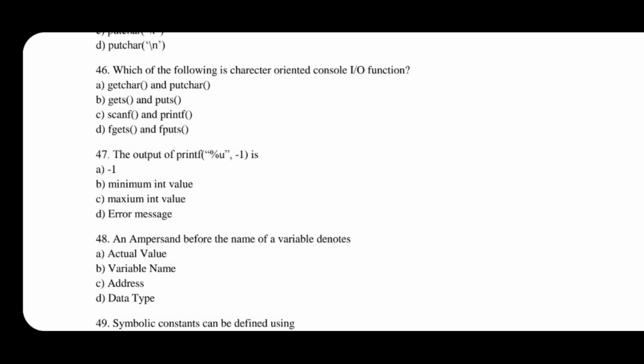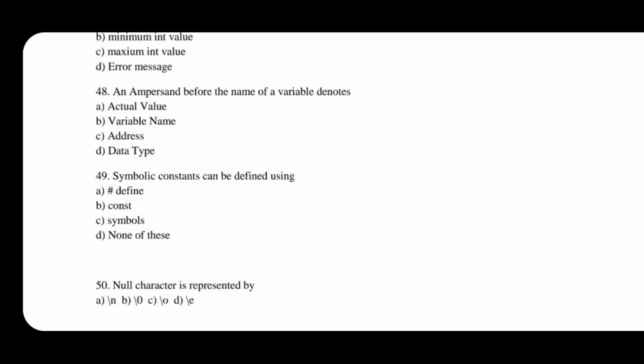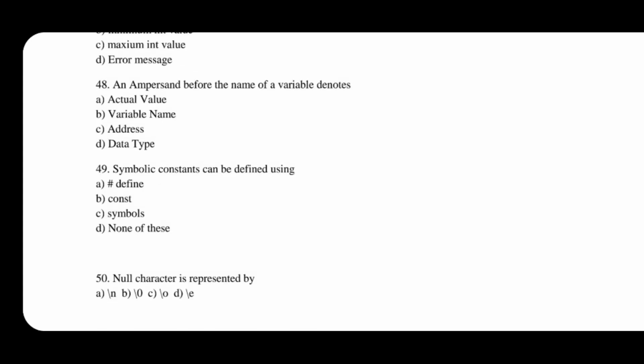The output of printf %u, -1 is the maximum integer value, which depends on the system, that is 65,535, I think, and so on.